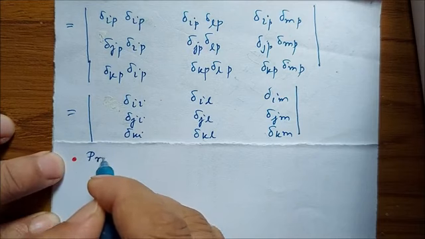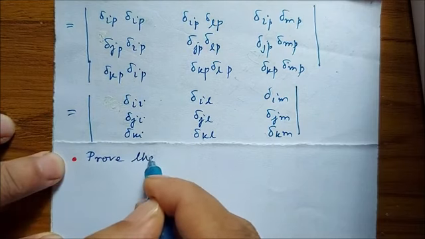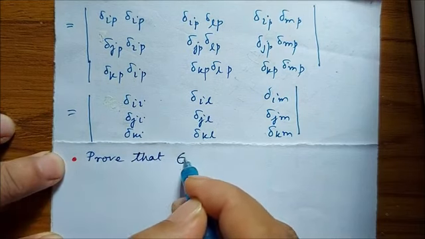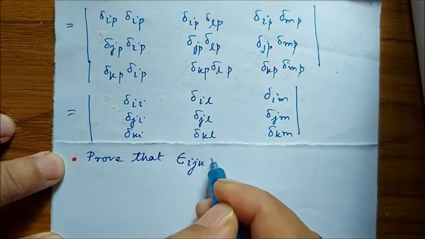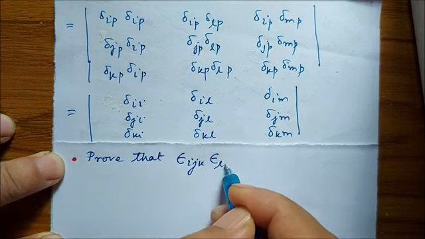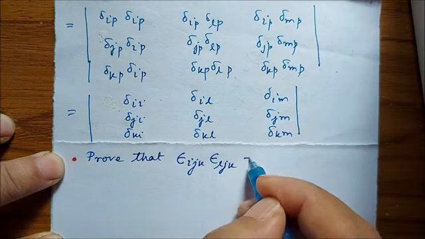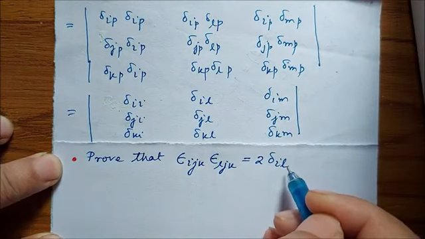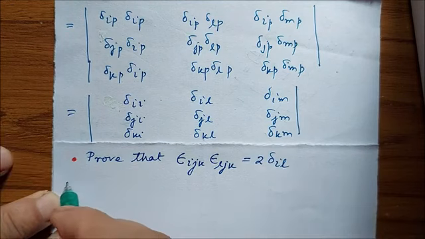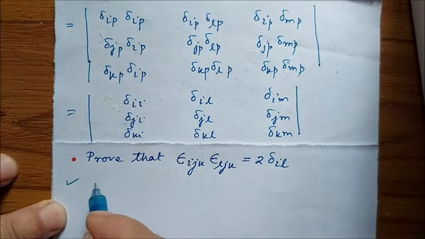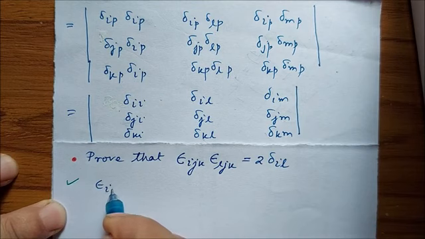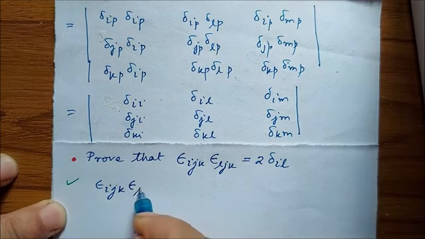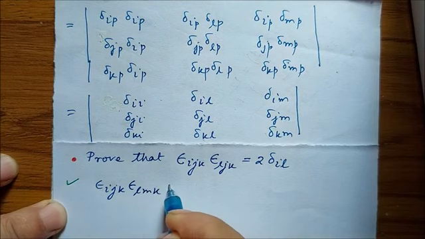Prove that epsilon ijk into epsilon ljk is equal to twice of Kronecker delta IL. And let us do the sum. Let us quote the relation that we did in the video on properties of Levi Civita symbol.